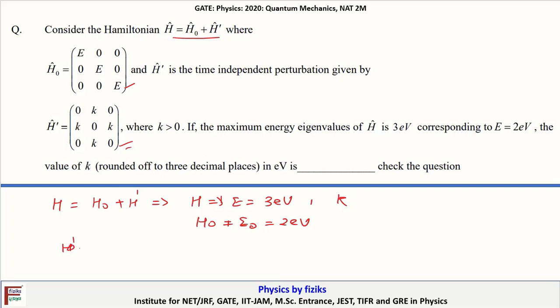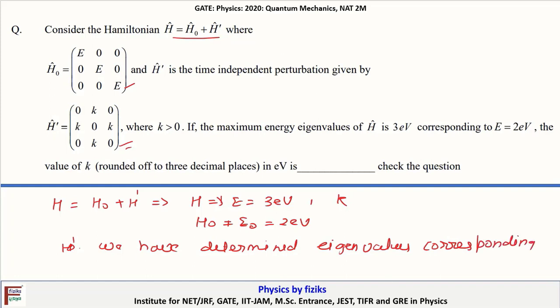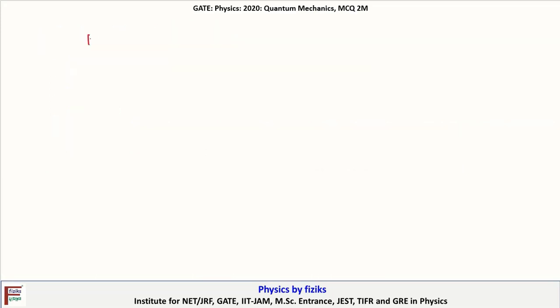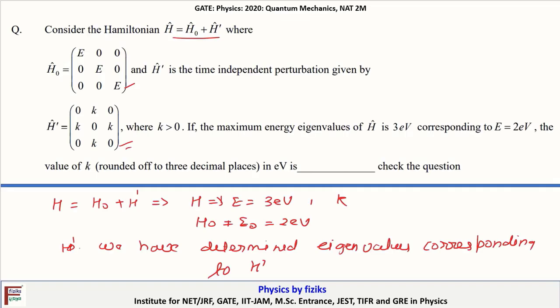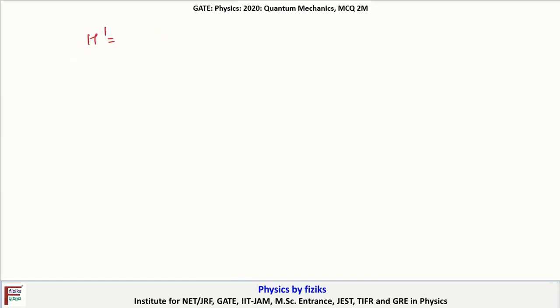Now, the H dash matrix is defined as 0, K, 0, K, 0, K, 0, K, 0.